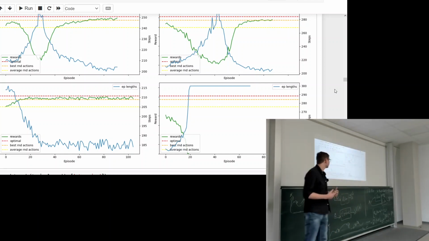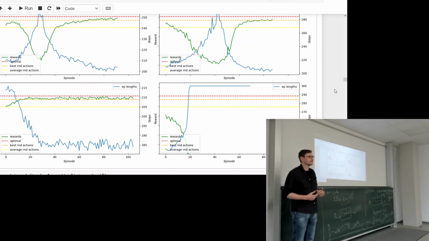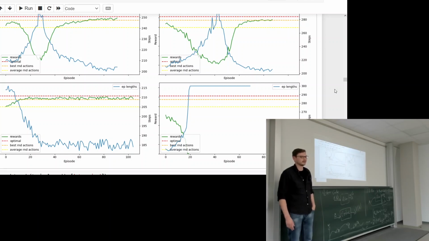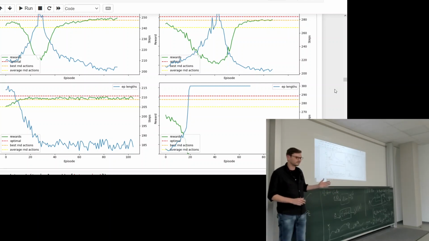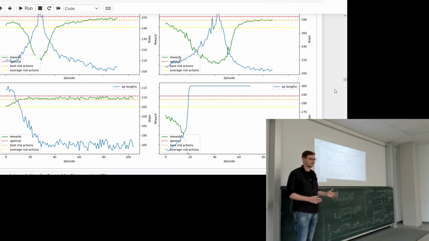From my experience, you always find some set of hyperparameters that will work in any case. But finding the set of hyperparameters is also a lot of work, right? Finding the correct network size, maybe the network size that was applied here was not able to map the complexity of the problem in all parts of the state space.